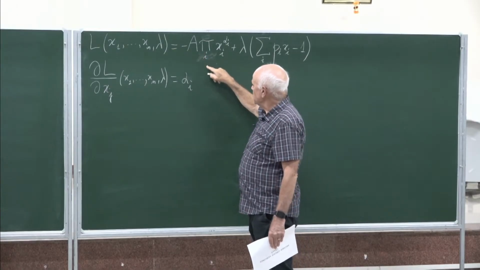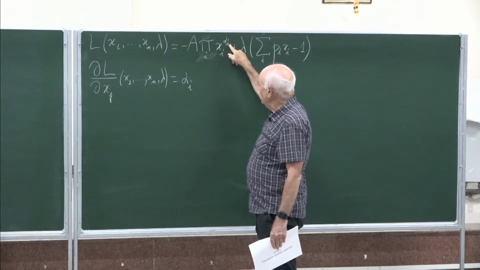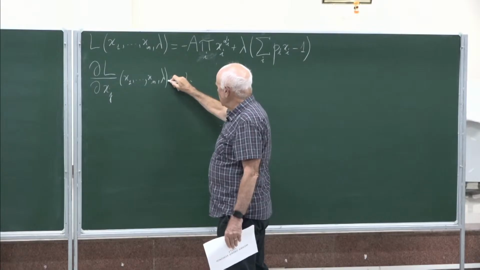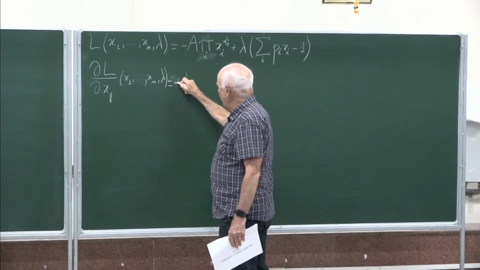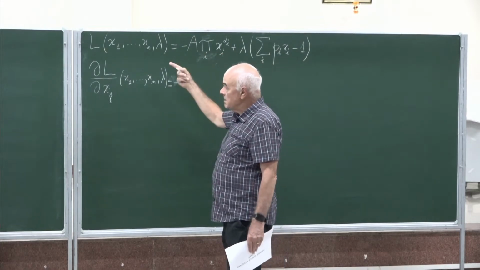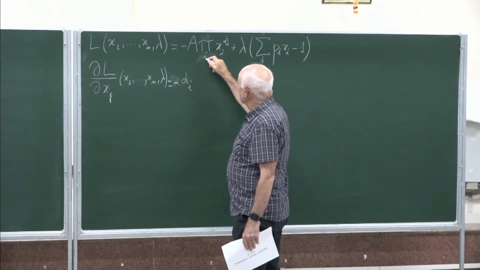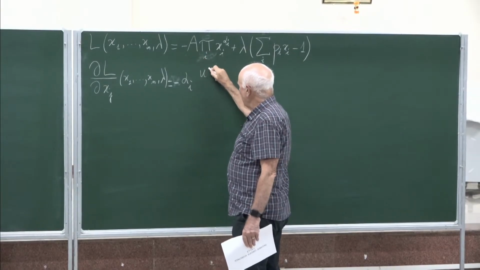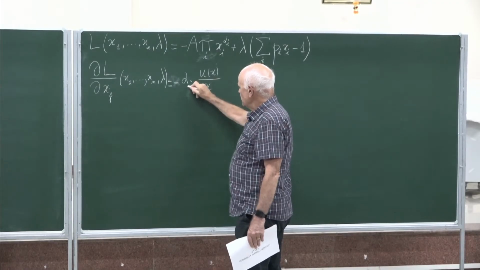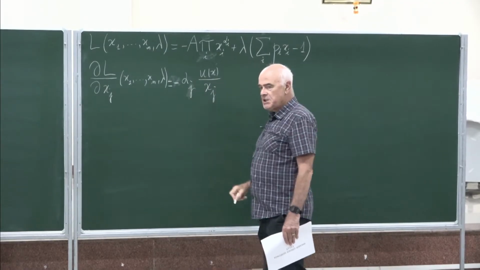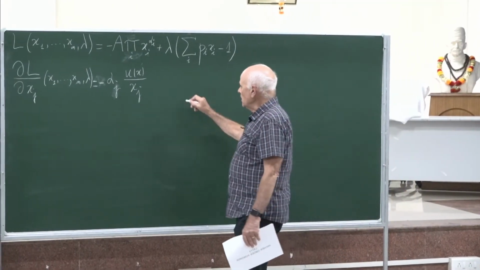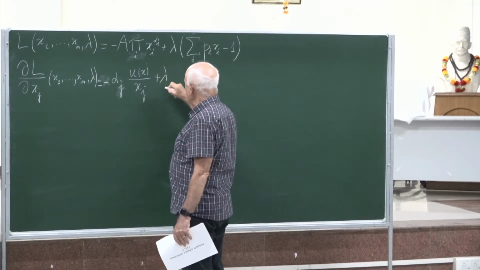But then, since I have kept x_j to the power alpha j here, what I get, I forgot the minus sign, is this expression, which is u of x, u of x_1 to x_n, divided by, sorry, this is alpha j, divided by x_j. Do you agree? Plus lambda p_j.